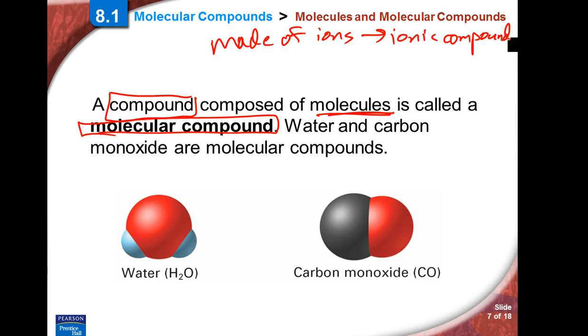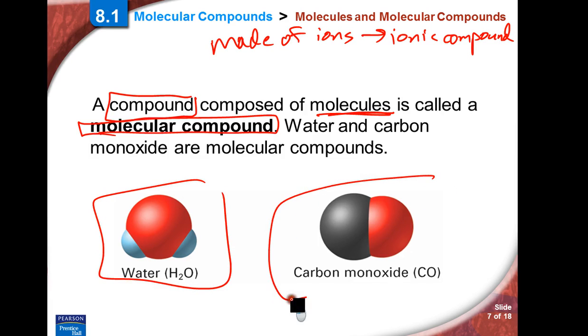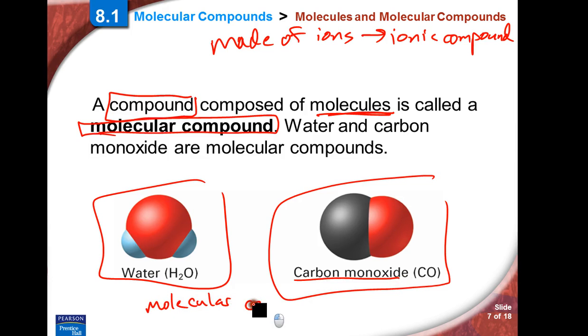Now, examples of this are water and carbon monoxide. These are both molecules, so therefore water and carbon monoxide are both molecular compounds because they are built out of molecules.